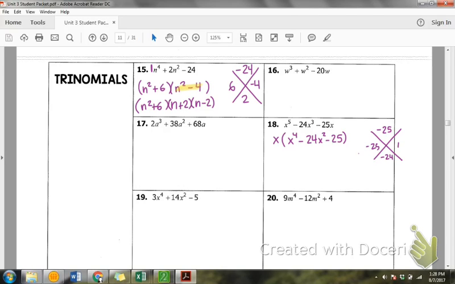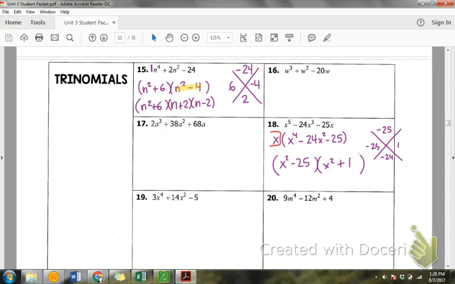Because the coefficient in front of x to the 4th is 1. So we're going to forget about this x for just a minute. We're going to leave that off to the side. We're going to set up our parentheses, but because it's x to the 4th, what does that mean when I put in my parentheses? Good. X squared minus 25 and x squared plus 1.